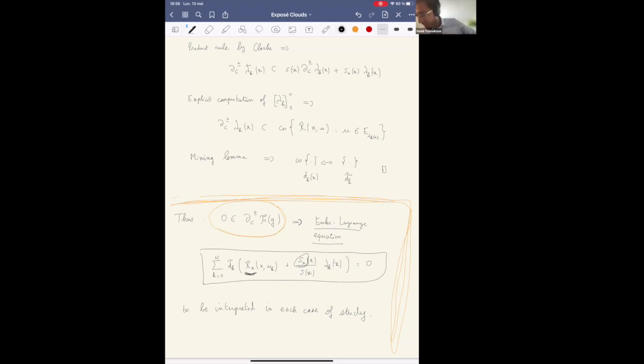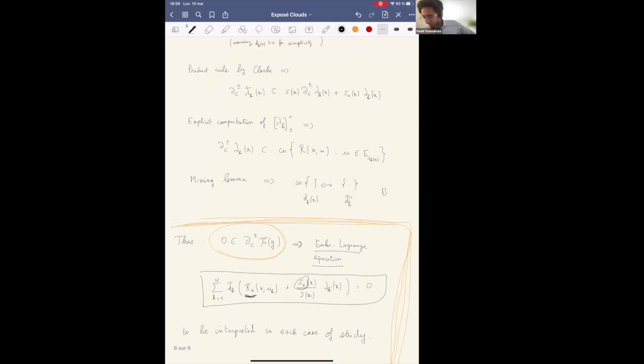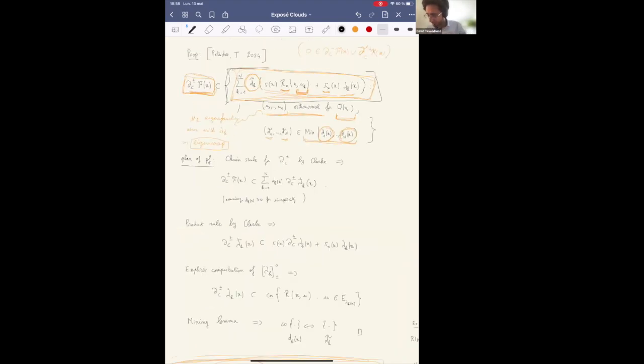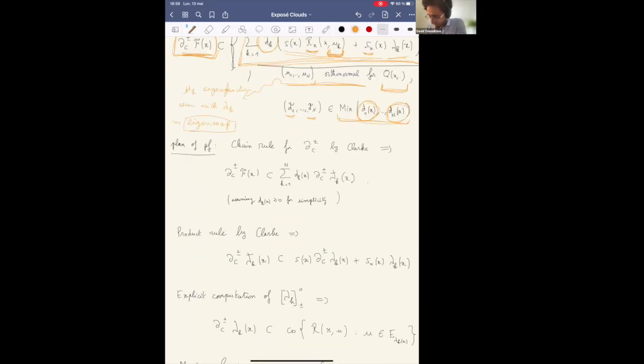I have 2 minutes left, right? Yes. So in the last 2 minutes, I will explain a bit how we get this proposition. F is a combination. The first thing that we use is a chain rule for sub and super differentials that was obtained by Clarke.